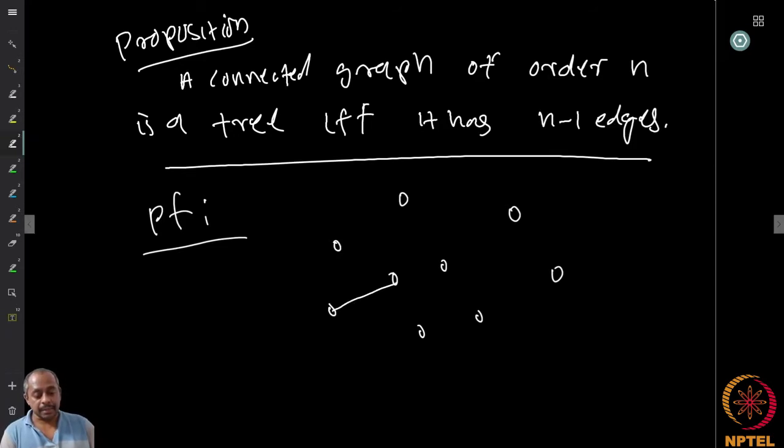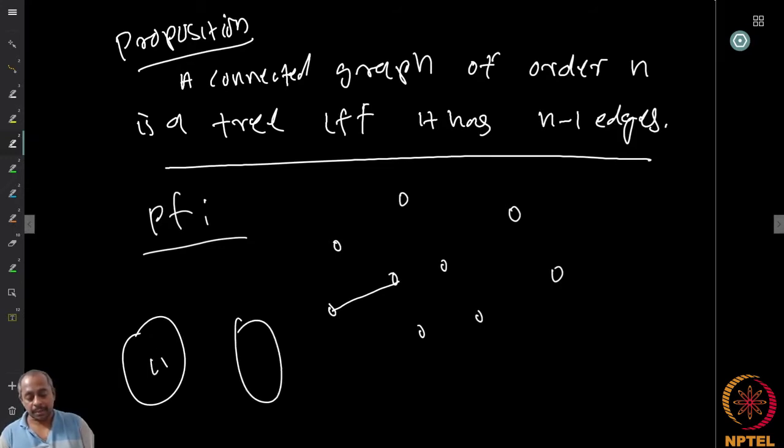If I take two distinct components, which are not connected by an edge, and put an edge between them, for example, I have this component and this component, right? If I take any vertex here and any vertex here, and then connect them with an edge, okay, then what happens?